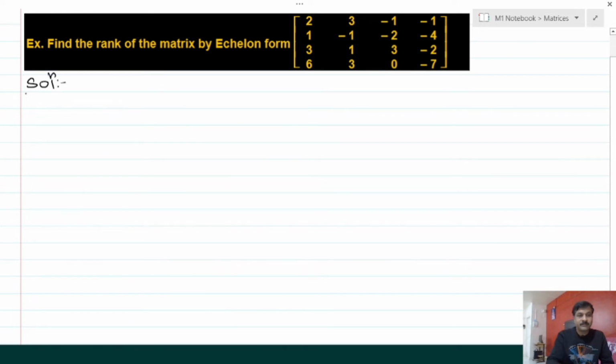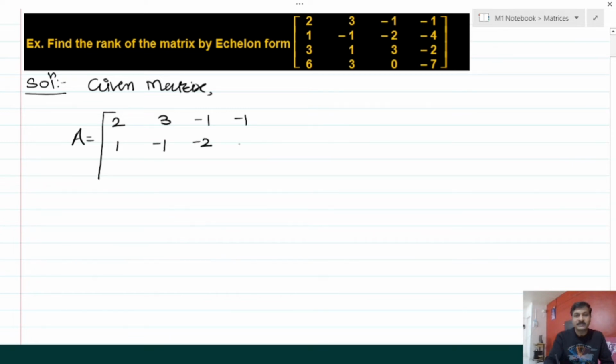First, the given matrix you consider as A. So A equals first row 2, 3, minus 1, minus 1. Second row 1, minus 1, minus 2, minus 4. Third row 3, 1, 3, minus 2. And the fourth row 6, 3, 0, minus 7.